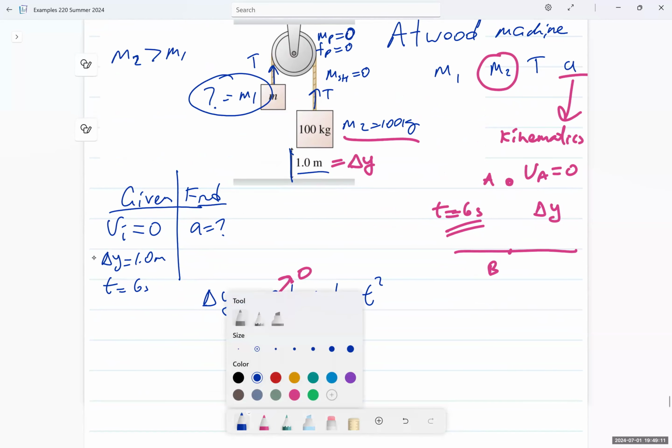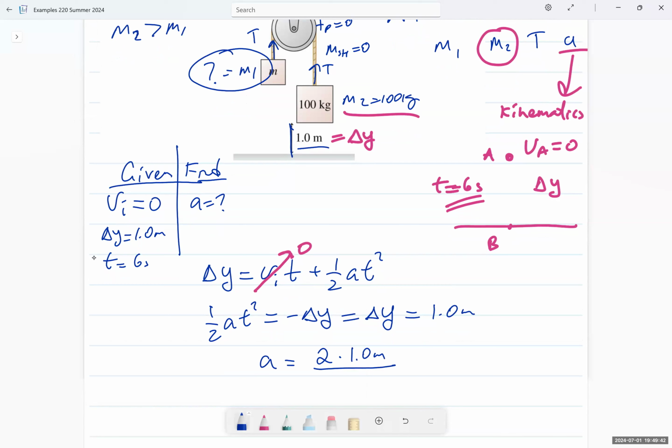I just use this equation, rearrange and solve for acceleration. So it will be 2 times 1 meter divided by time squared, which is 6 seconds squared. So this will be 2 meters divided by 36 seconds squared.